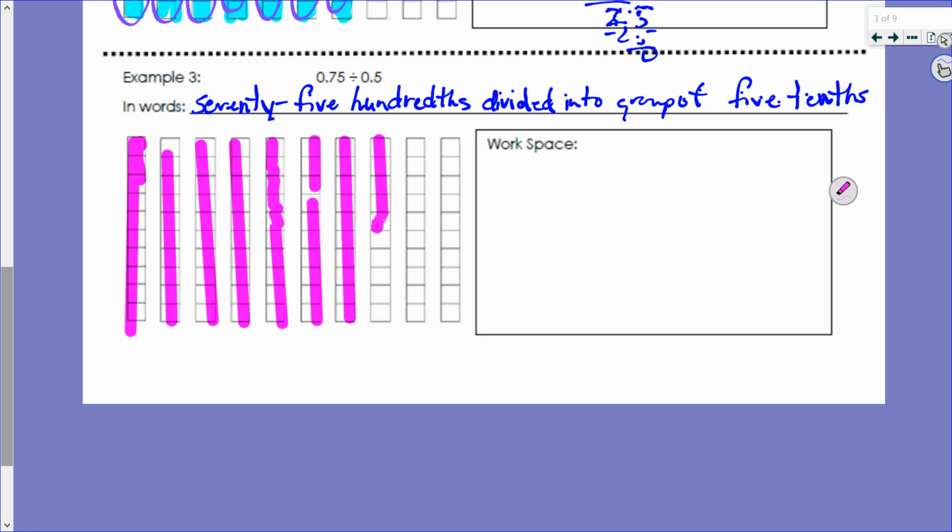Okay? I'll take a minute, make it look all pretty, and let you guys catch up. So we do 7 full stacks. That gives us the 70 part of the 75 hundredths. And then that last piece of the 5 gives us the last 5 of the 75 hundredths. And put them all together.